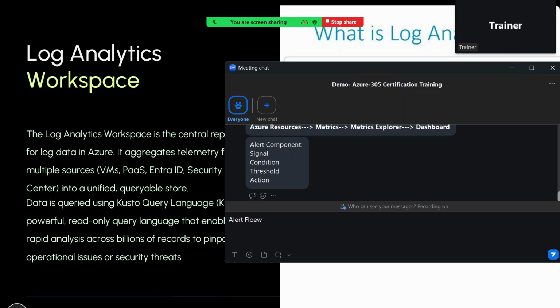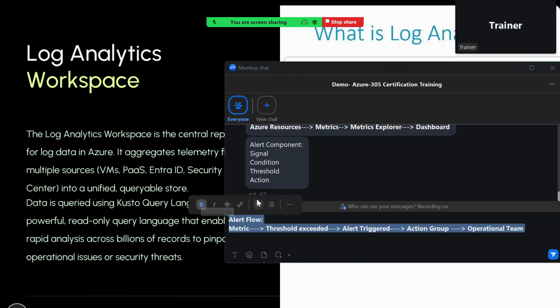The alert flow looks like this: it starts with metrics, then it goes to threshold, then alert triggered, then action group, then operations team. So this is your alert workflow.